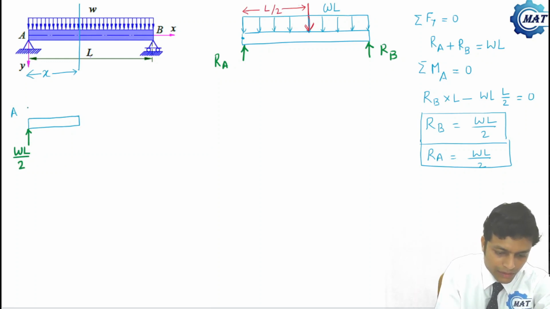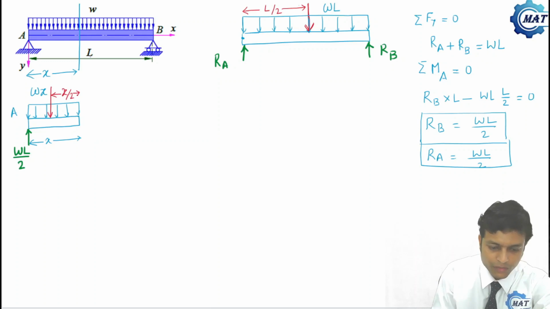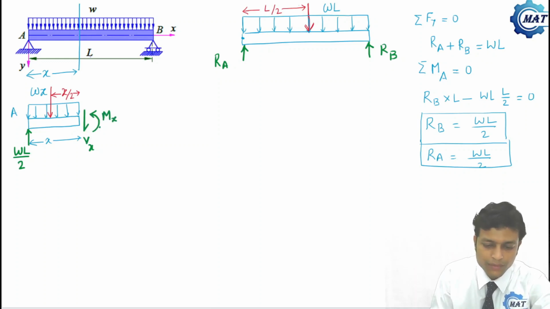Now the distributed loading, if this length is x, then the total load on this section is w into x, and that will act through x by 2. This distance is x by 2. Now the unknown internal resisting forces, that is the shear force at the right hand face, this is the direction of Vx and this is the direction of Mx. So these two we have to calculate.